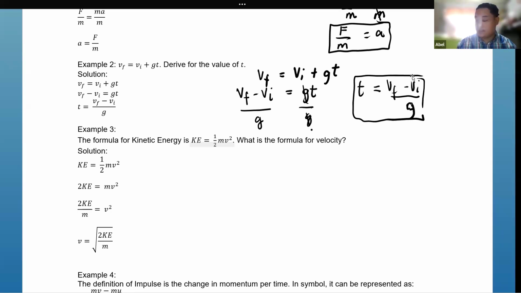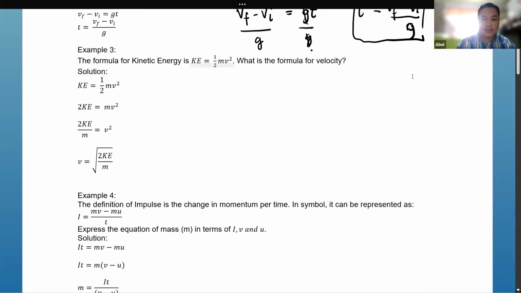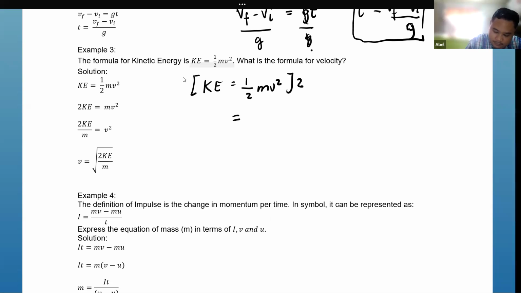Now, how about example number 3? The formula for kinetic energy is 1/2 mv squared. What is the formula for velocity? So KE equals 1/2 mv squared, and we're looking for the v. KE is kinetic energy. You multiply both sides by 2 for this part, of course, the 1/2 will be canceled.